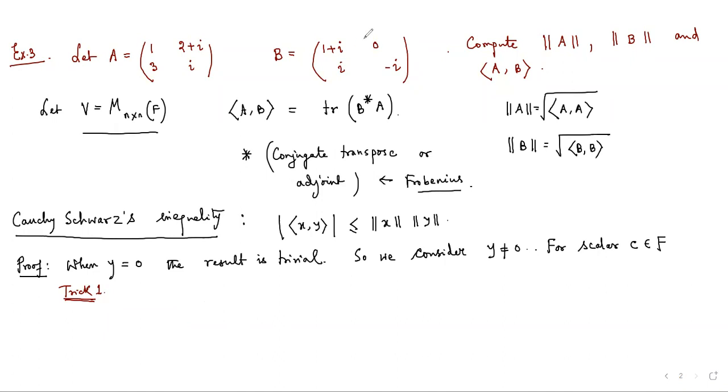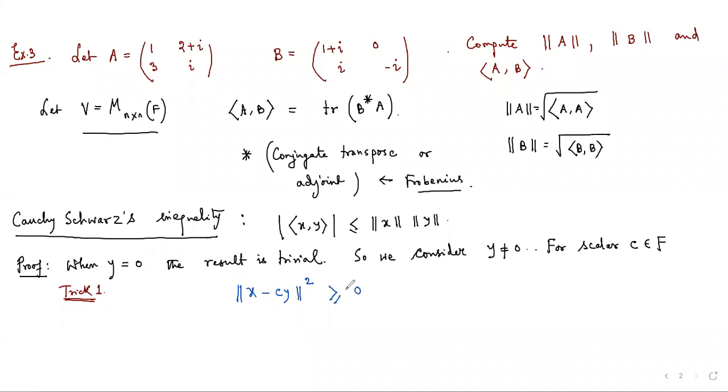We are defining the quantity x minus cy. This is another vector, you know. If I consider the norm of this vector and take the square of that, this quantity is always greater than or equal to 0, which is always true because the norm is the length of the vector. That is our starting point.